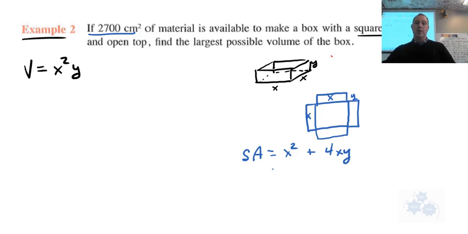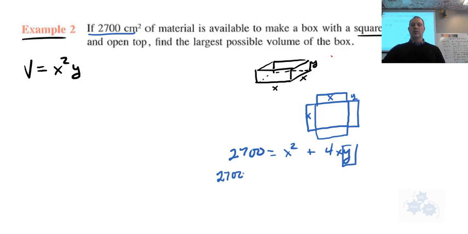Now the surface area is given to us as 2,700. So here's our equation relating the two variables. Now, can we write this in terms of just one variable? Can we isolate one of these variables? It looks like we can isolate for y here.